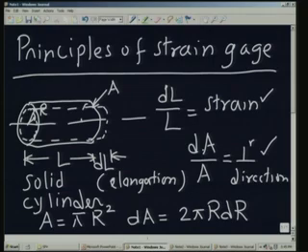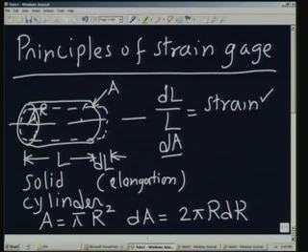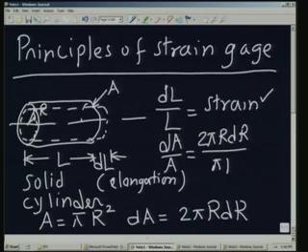Therefore, what I want is dA by A. So, I can write dA by A by dividing. dA is 2 pi r dr divided by pi r squared.